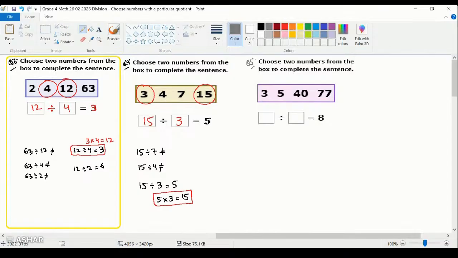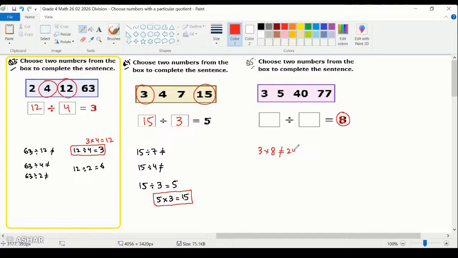We need to find an answer such that it is a factor of 8, because 8 is the result. Simply, we take this number. Can we say 3 multiplied by 8? Do we see a 24?